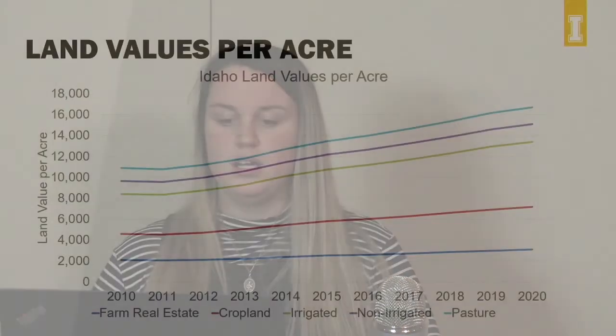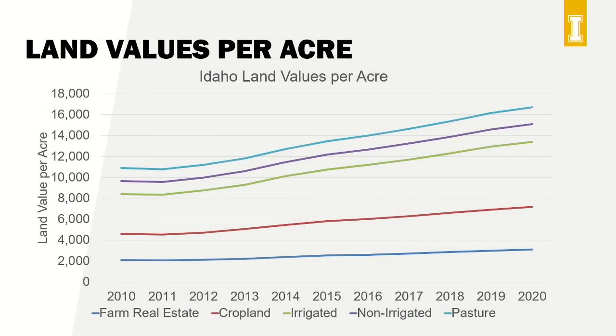And I would say that's pretty close to what we're seeing around the Magic Valley, at least where I live. However, it's still very high. And if you are a producer that's trying to buy land, it makes it very, very difficult to do so. And so I just, again, wanted to look at these land values per acre.